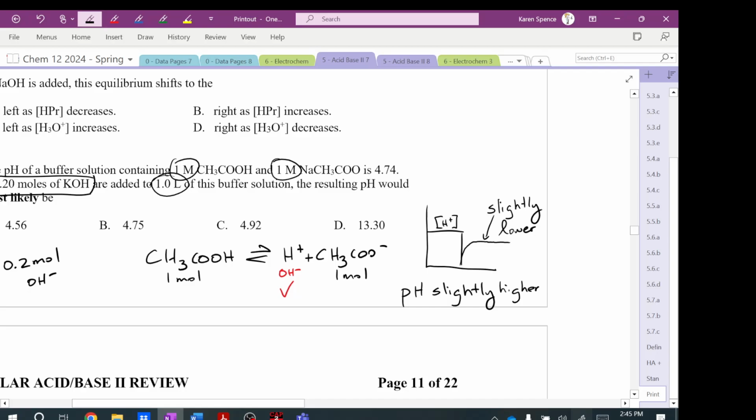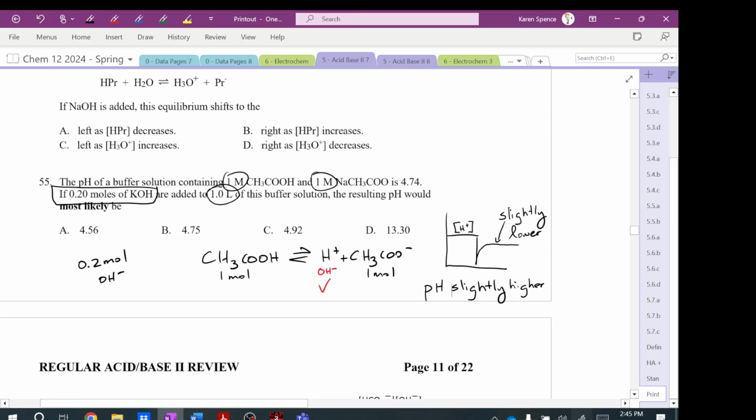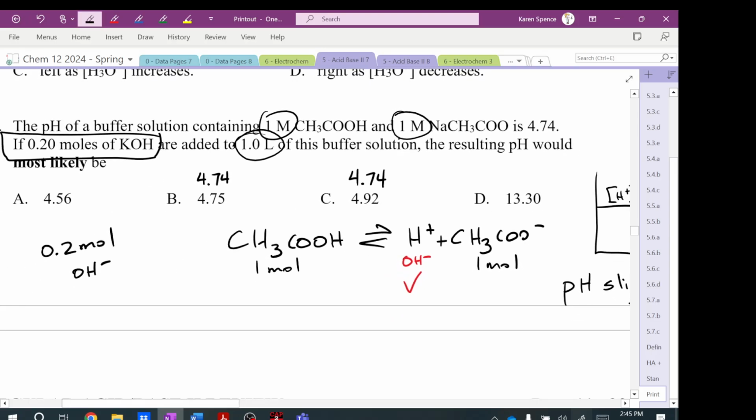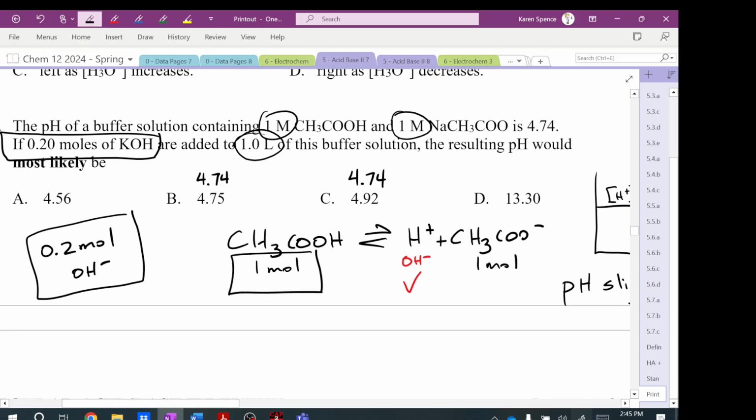Now, we have 2 choices for slightly higher. We're starting at pH 4.74. We could go up to 4.75, or we could go up to 4.92. Have we added a substantial amount of base compared with our acid, or have we added an insubstantial amount? 0.2 is 1/5 of 1.